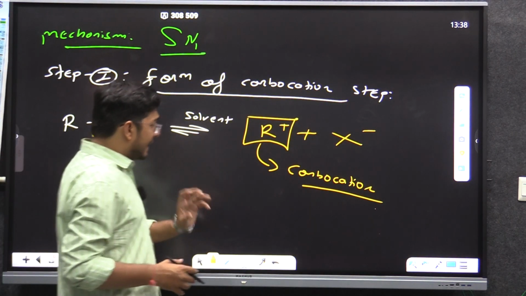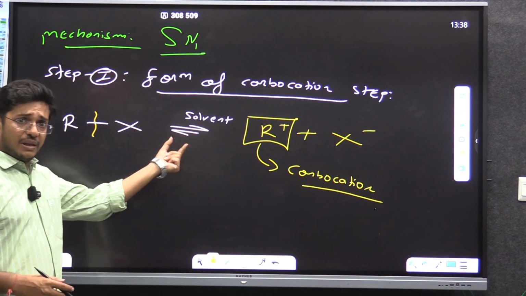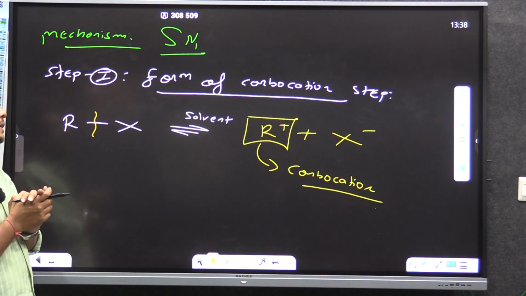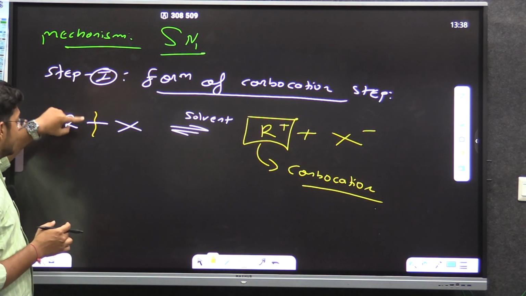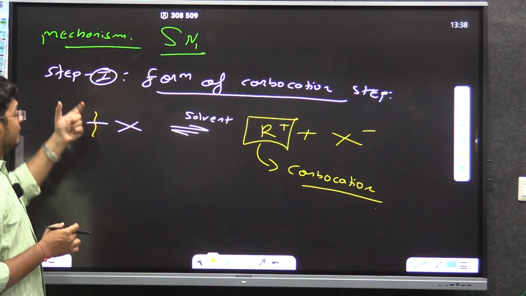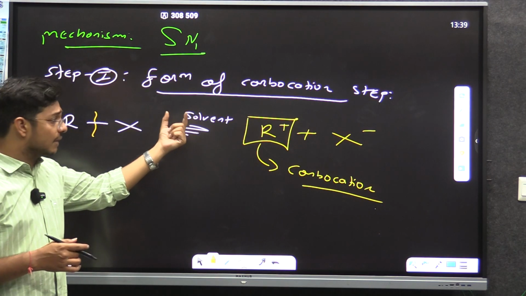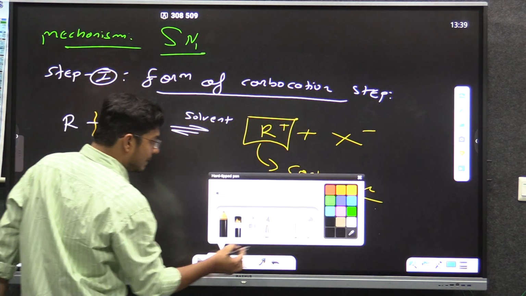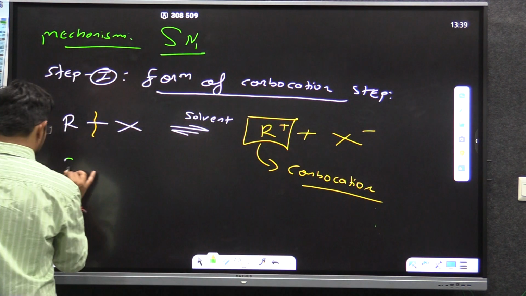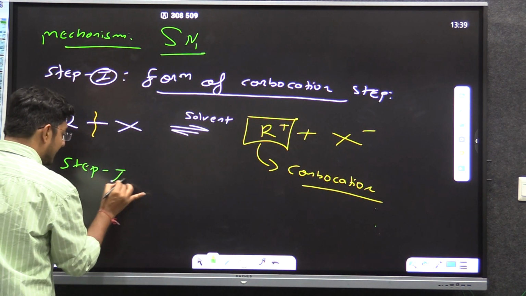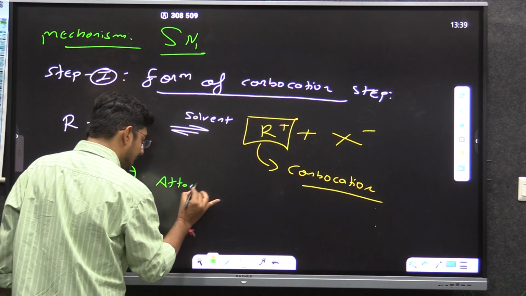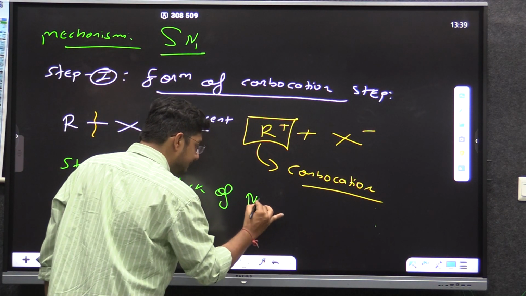I will go into detail later on why this reaction is reversible and what the role of the solvent is, but this is the first step in which the alkyl halide breaks in the presence of solvent and converts to R plus and X minus. In step number 2, that is known as attack of nucleophile.